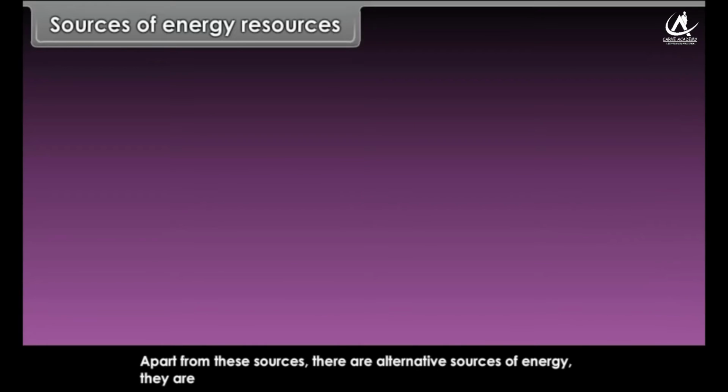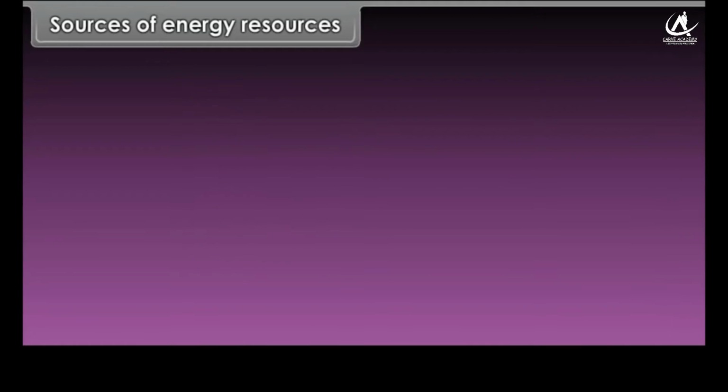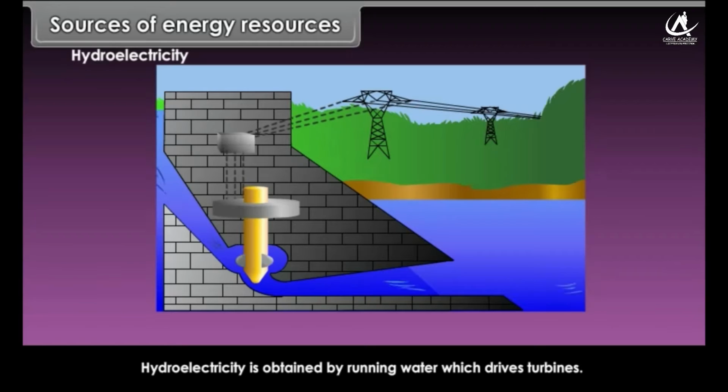Apart from these sources, there are alternative sources of energy. They are geothermal, wind energy, solar energy, nuclear energy, and tidal energy. Now we will study these sources of energy in detail. Hydroelectricity.